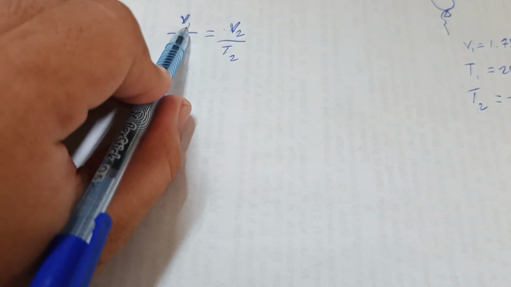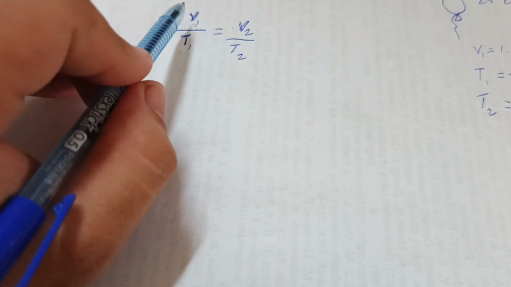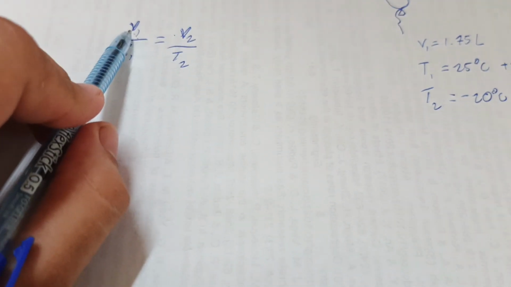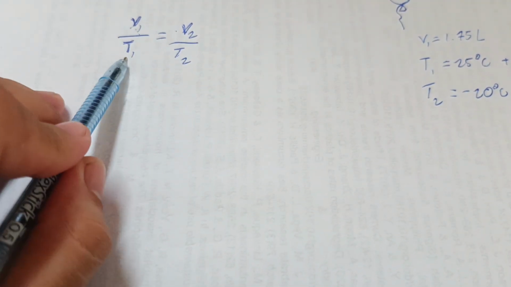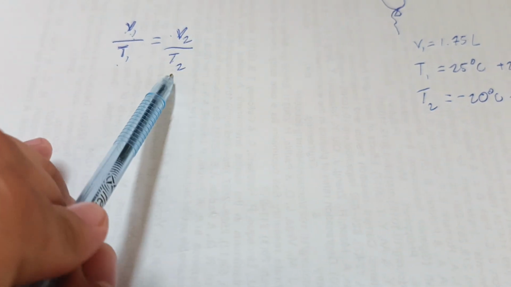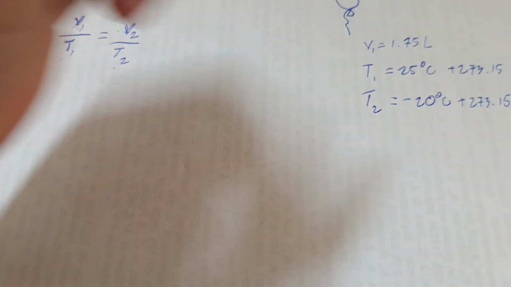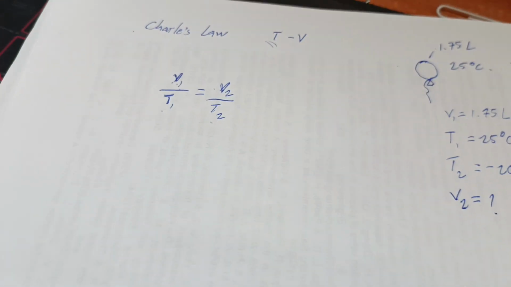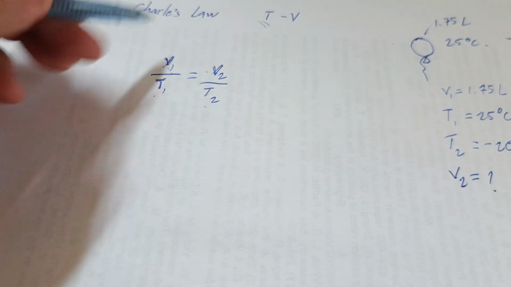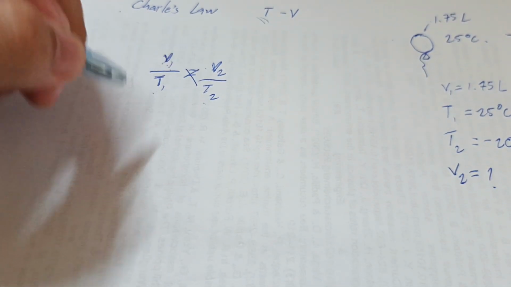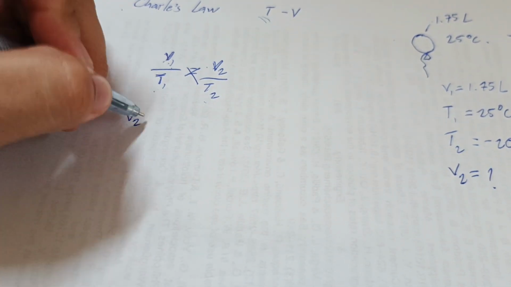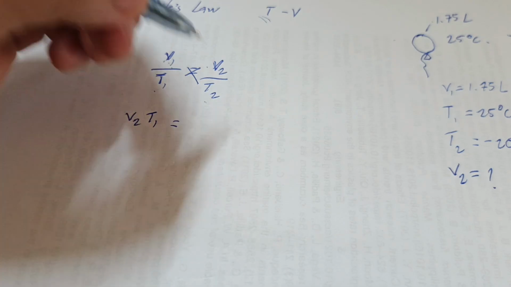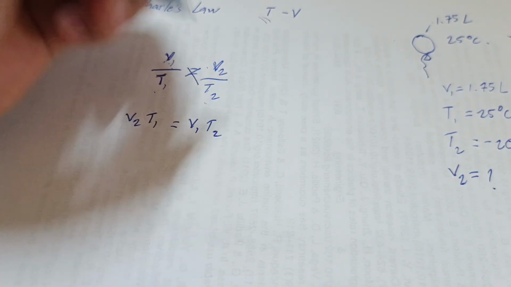Again, the equation has initial volume, initial temperature, final volume, and final temperature. What we're looking for is the final volume. So we derive the equation and cross multiply: V sub 2 times T sub 1 is equivalent to V sub 1 times T sub 2.